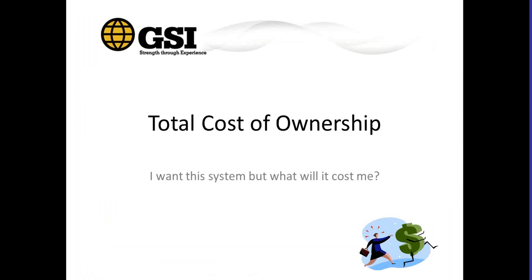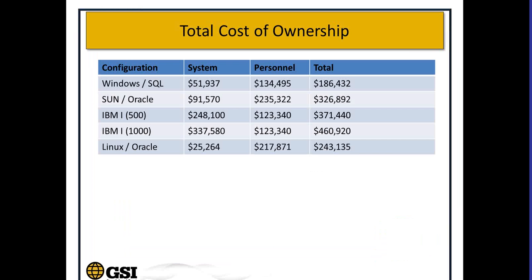So, total cost of ownership on all the systems. If you wrap up the actual hardware and the personnel costs and you total it up for the different configurations, you can kind of see what the system is going to cost you. Obviously, I only took personnel costs on a single year basis. I didn't say this is what it's going to cost you over 5 years.